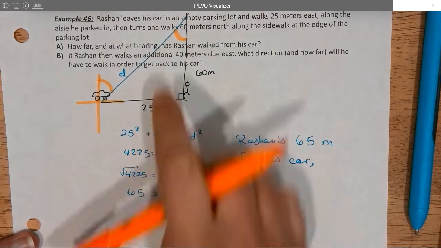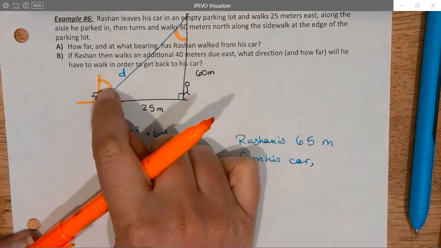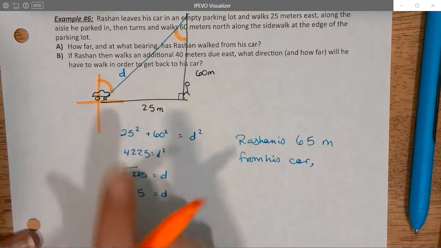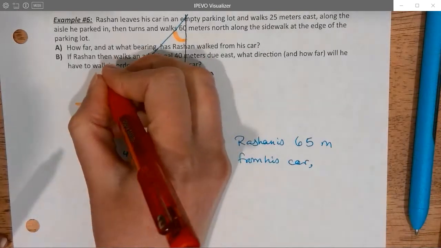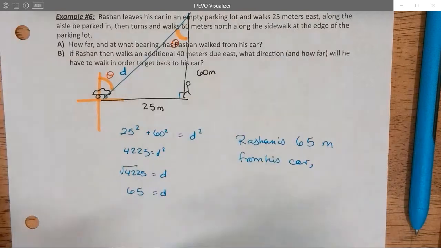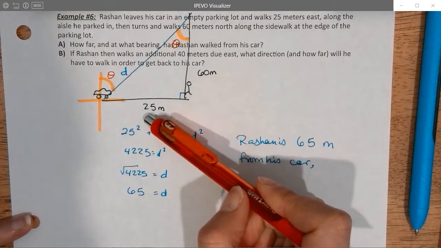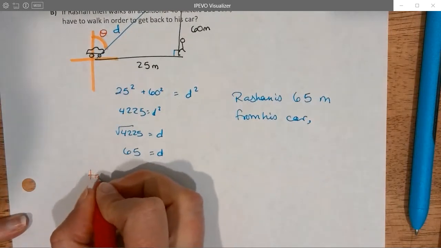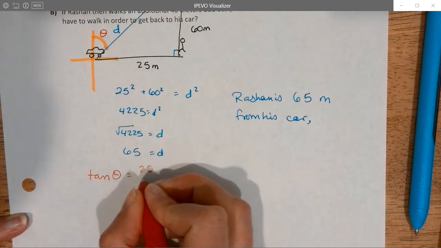Okay, let's go ahead and find this angle. This is the angle that is going to match the bearing, which is the outer angle out here, measured from north from where the car's position was. Alright, so let's call that angle theta. Our bearing angle is going to be theta. Because I know the 25 and the 60 from that theta were the opposite and the adjacent, we're going to use tangent again. So the tangent of theta is equal to 25 over 60.